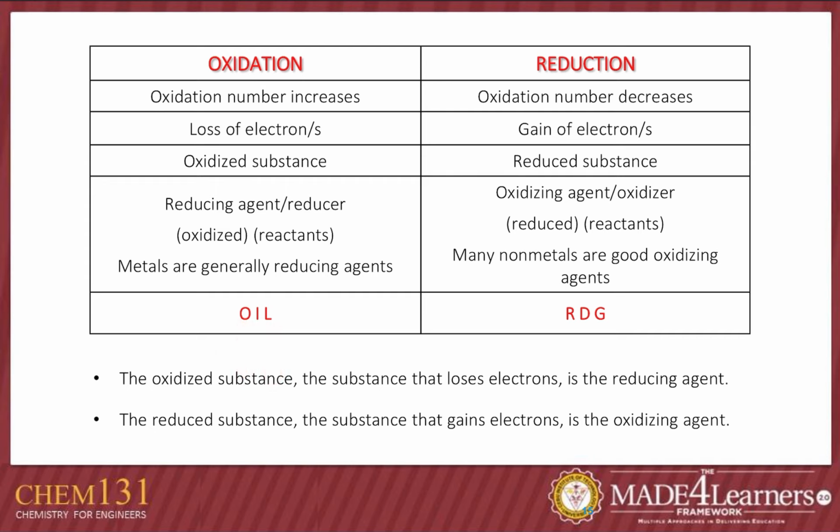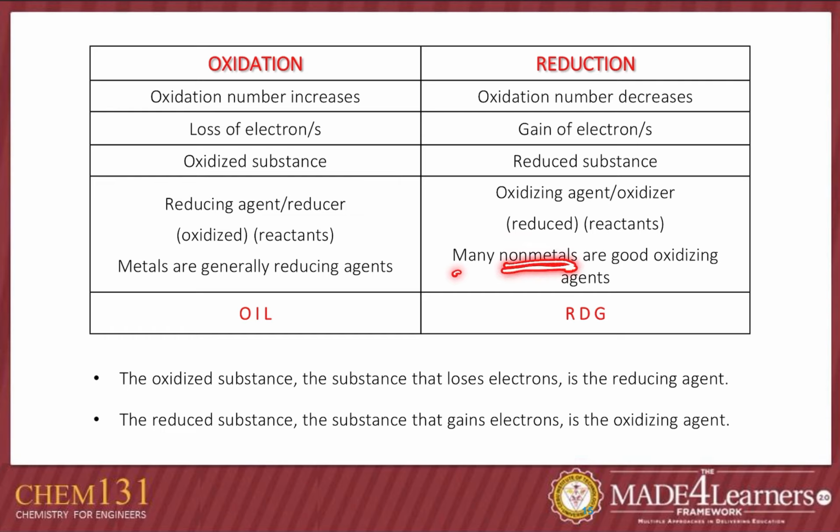So for reduction, there is a decrease in the oxidation number because there is a gain of electrons. Mas managhan ang negative nga charge. So the reduced substance is the oxidizing agent, and most of the time ang substance nga mo-undergo reduction kay non-metals. So they're good oxidizing agents.